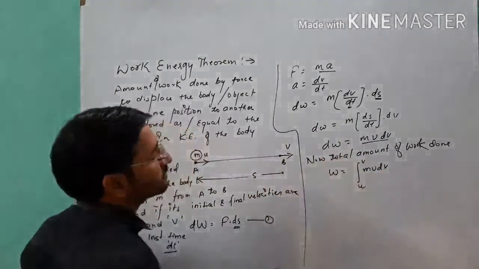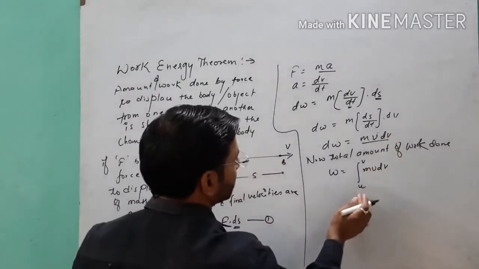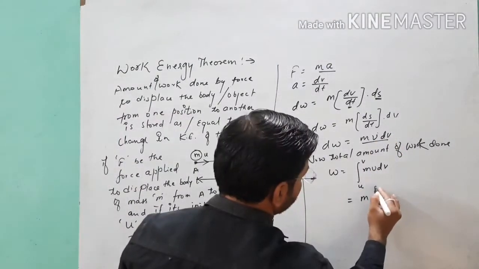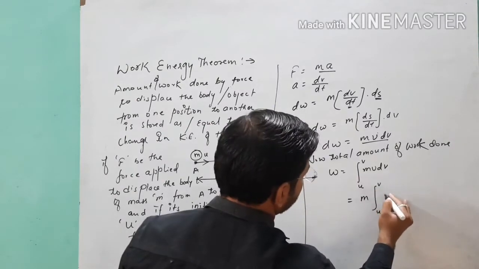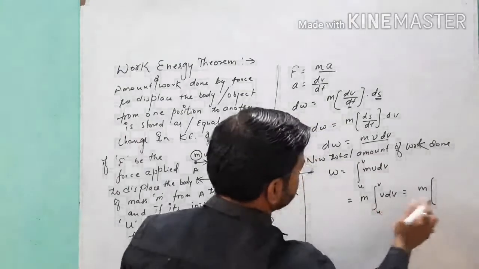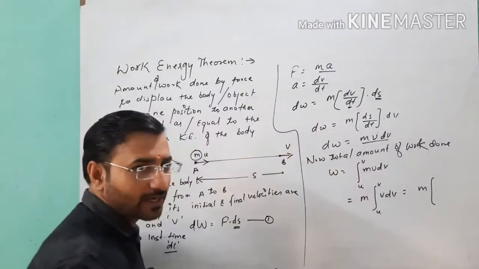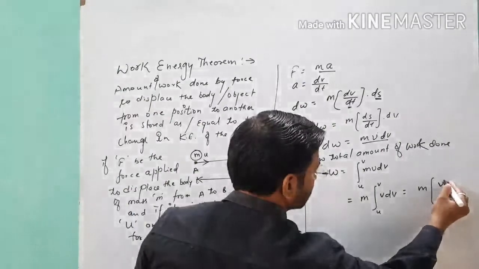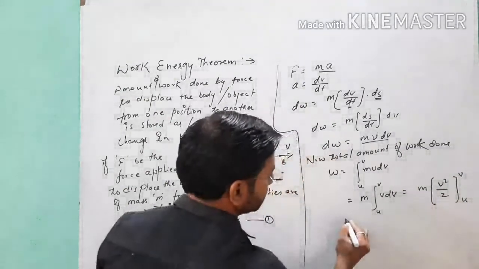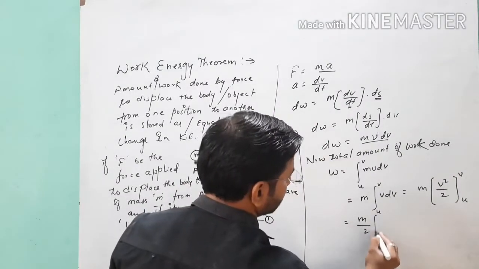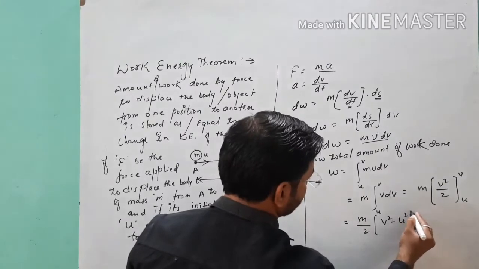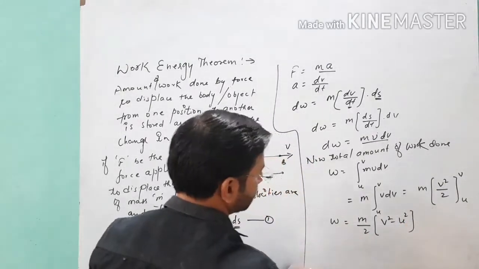We will integrate this value, and here velocity is the variable, so I take the limits from u to v. The integration of x dx, or v dv, you know is v square by 2. So m by 2 times v square from u to v, which is upper limit minus lower limit, and this is equal to W.